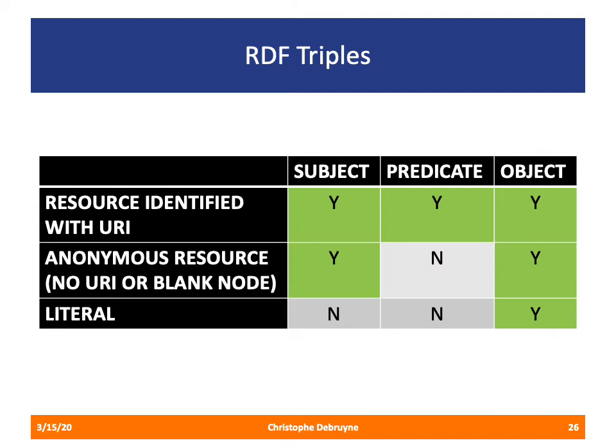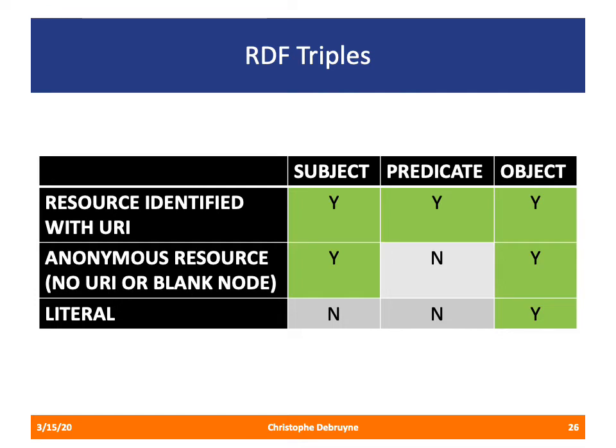In the previous slide, we've seen that predicates or properties need to be declared in a namespace and therefore must have a URI. This is an opportunity for me to elaborate a little bit more on what accepted, between quotes, values are for subject, predicates, and objects. Here you can see that a subject may be either a resource identified with a URI or a resource without a URI, also called anonymous resources or blank nodes.